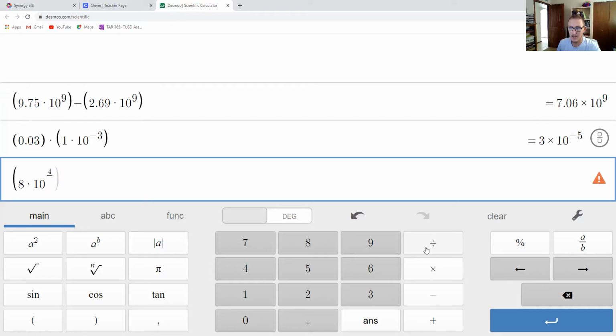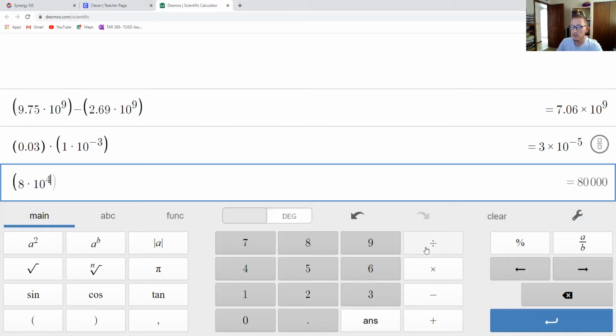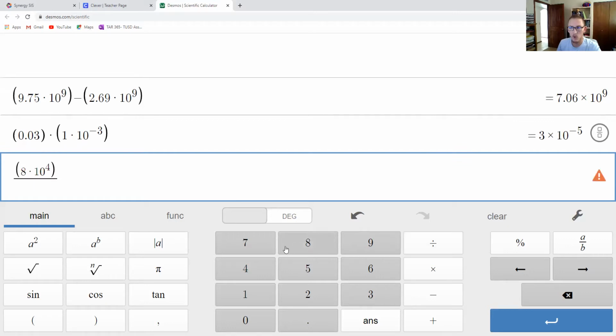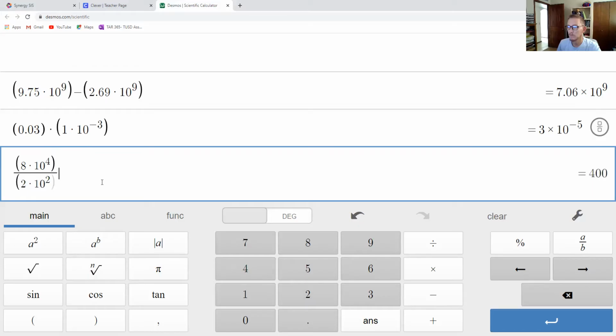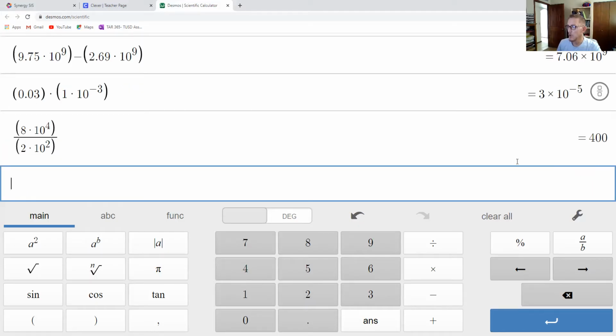It puts a fraction in the exponent, which I don't want. So I'm going to backtrack, click outside the parenthesis. Now push divided, and you'll see it'll make the whole fraction bar. Parenthesis again, 2 times 10 to the 2nd. Notice this answer over here is 400. 400 is in standard notation. So the final thing I may have to do is convert that to scientific.